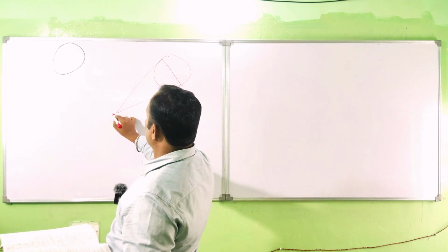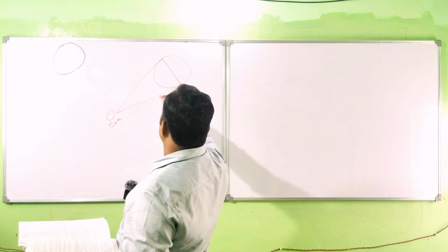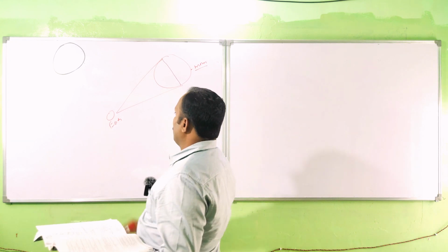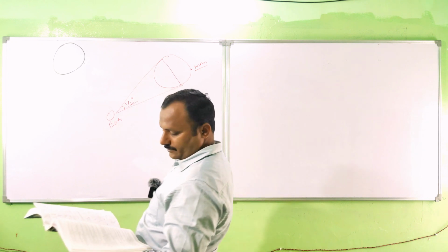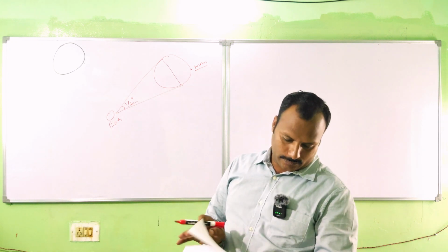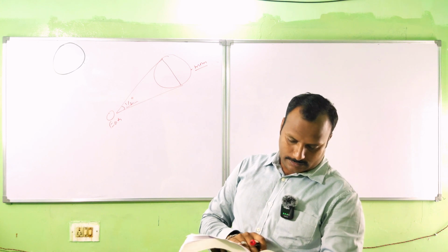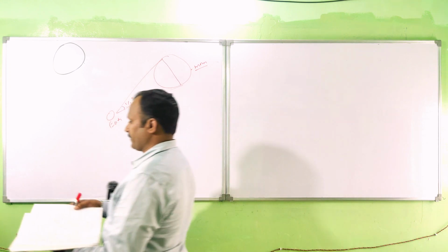This is the space. So this is the earth, and this is the moon, and this angle is half a degree. Estimate the diameter of the moon.